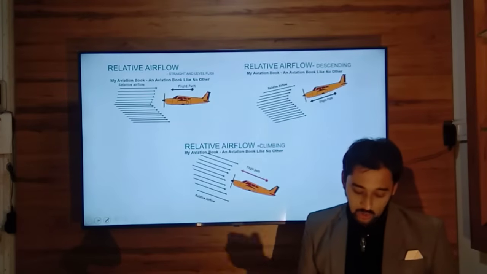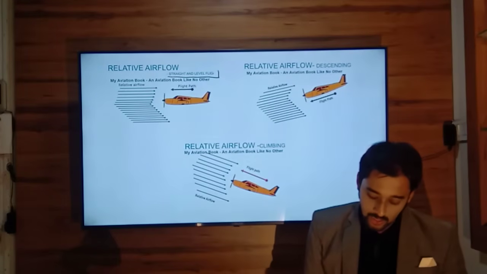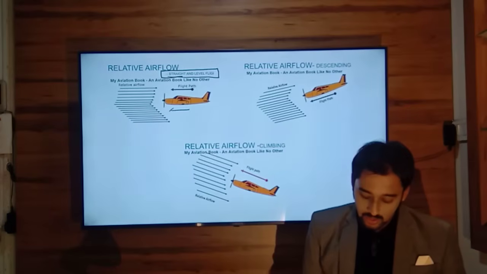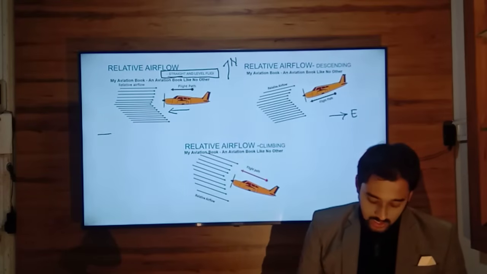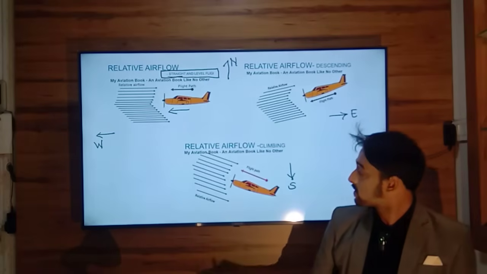In a straight and level flight, the flight path and relative airflow, what is the relation between them? So look at this figure. This is your straight and level flight. Over here the aircraft is flying straight. Let's say this is your north direction, this is your east direction, this is your west direction, and this is your south direction.